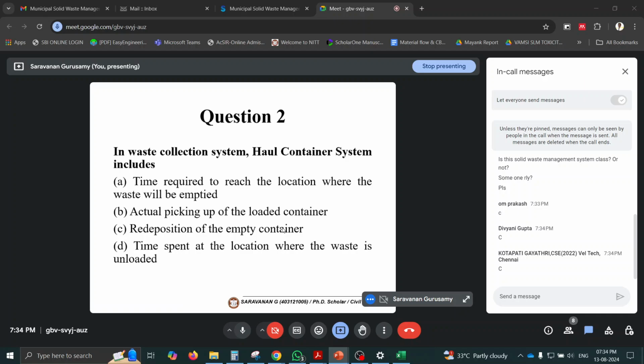Next question. In waste collection system, the haul container system includes what? So we have 3 times: one is pickup time, one is haul time, one is on-site time, and off-route time also. In the haul container system, the haul represents which of the following: time required to reach the location where the waste will be emptied, actual picking up of the loaded container, redeposition of the empty container, or time spent at the location where the waste is unloaded.